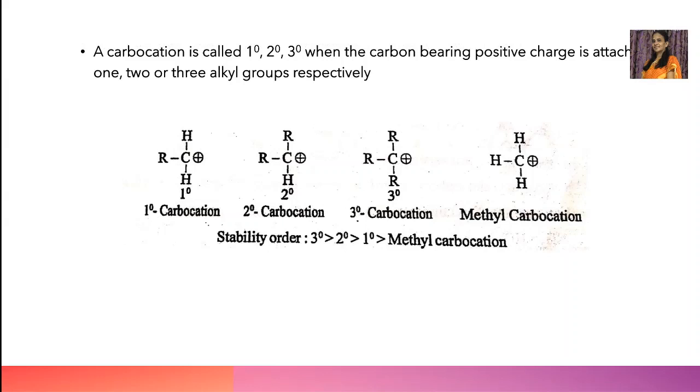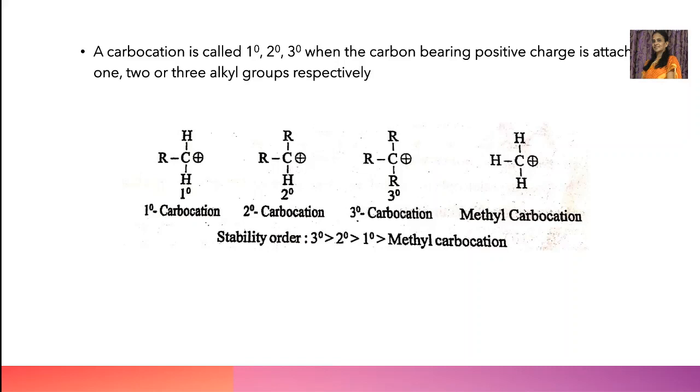Now, carbocations are classified into three types: tertiary, secondary, and primary carbocations. And on what basis do we say that they are tertiary, secondary, and primary? A carbocation is called primary, secondary, or tertiary when the carbon bearing the positive charge is attached to one, two, or three alkyl groups respectively.